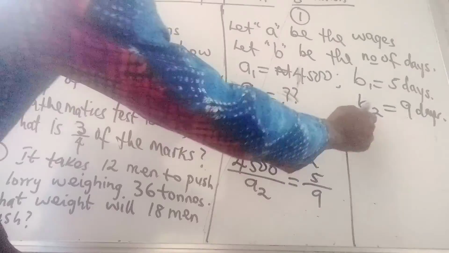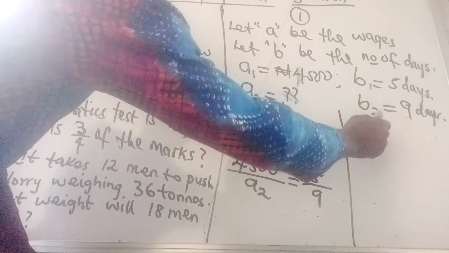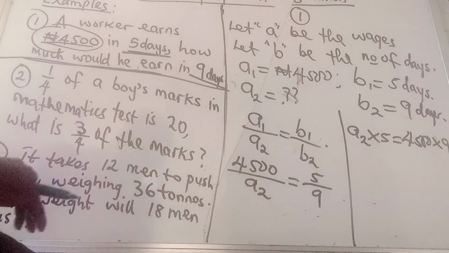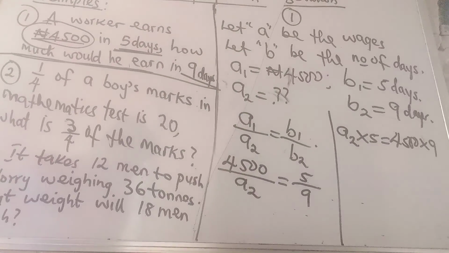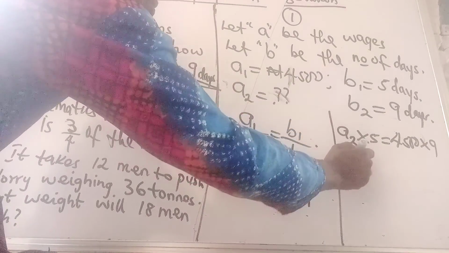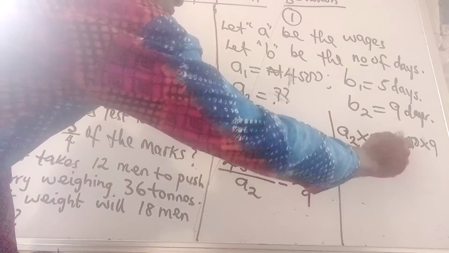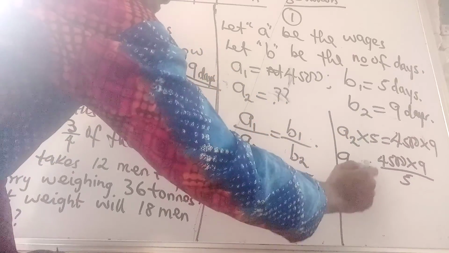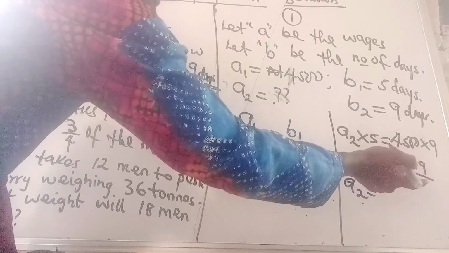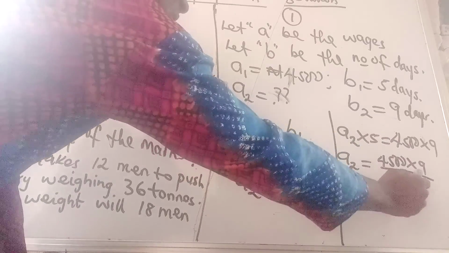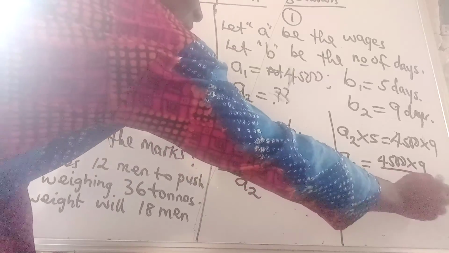By cross multiplication, A2 times 5 will be equal to 4,500 times 9. So A2 will be 4,500 times 9 over 5. And A2 will be, 5 in 4,500 is 900, times 9, that will be 8,100 naira.